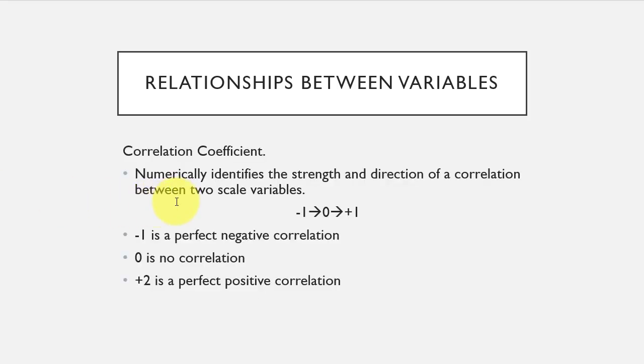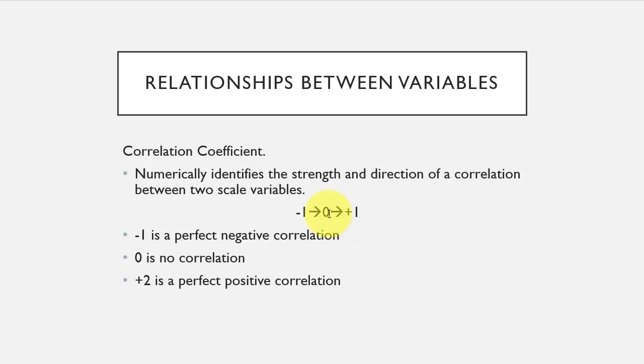Now, all of these variables are governed by the idea of correlation. The correlation coefficient is a number that describes how correlated two variables are. The correlation coefficient has a possible value from -1 up through 0 and to +1.